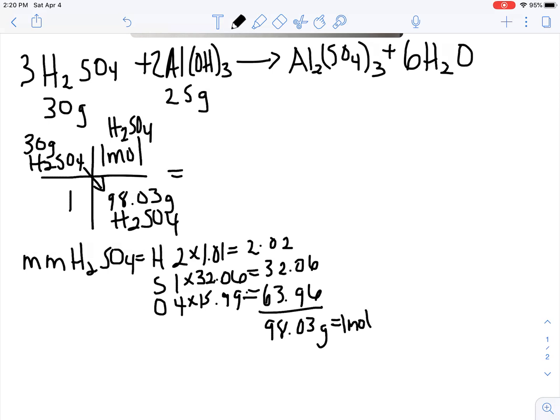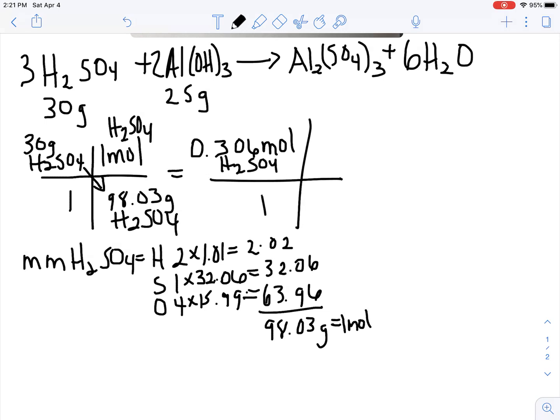Since our numbers are on opposite sides, we divide 30 by 98.03. We end up with 0.306 moles of H2SO4. And we're going to put that in another T-chart.